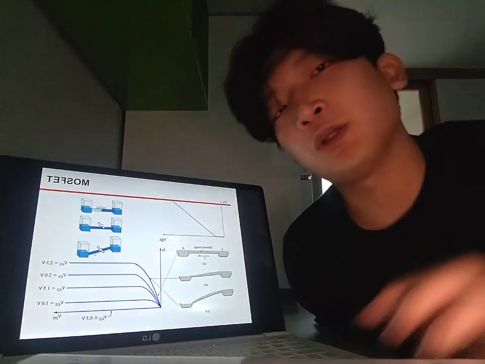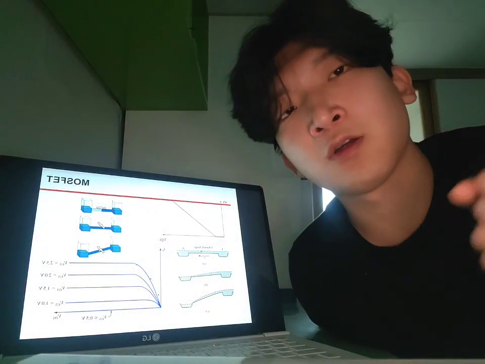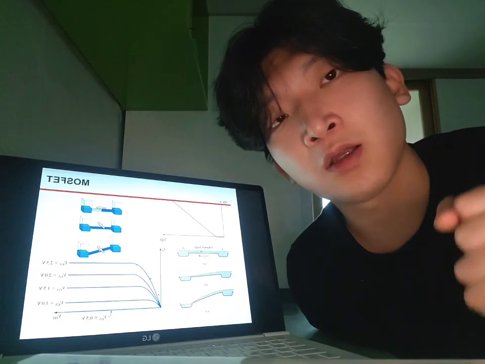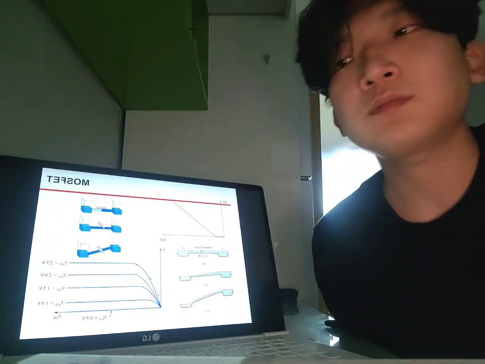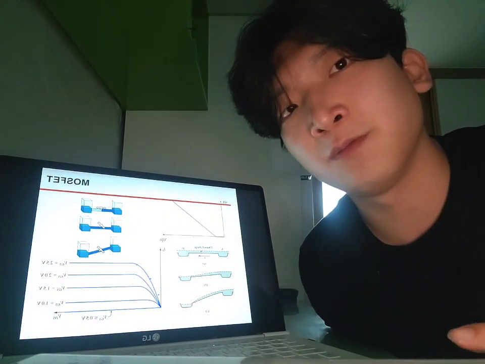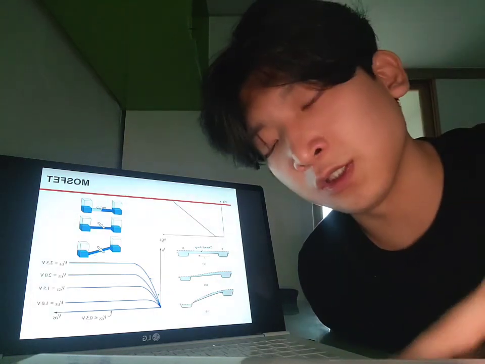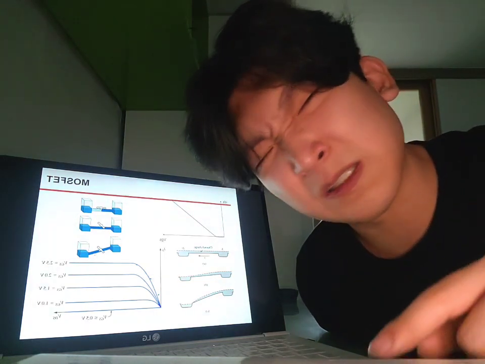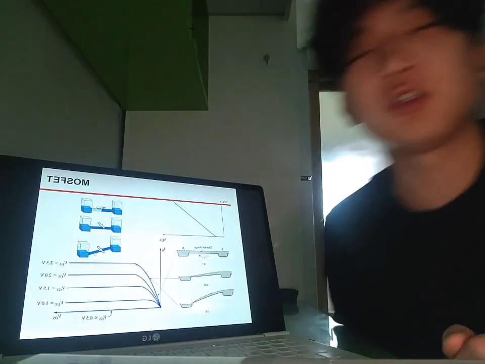When the gate voltage gets higher, the current that flows in the source and drain gets higher from a point of the gate bias, which is the threshold voltage.